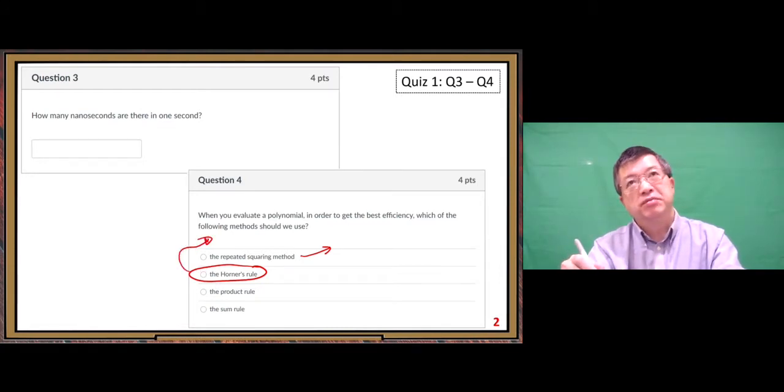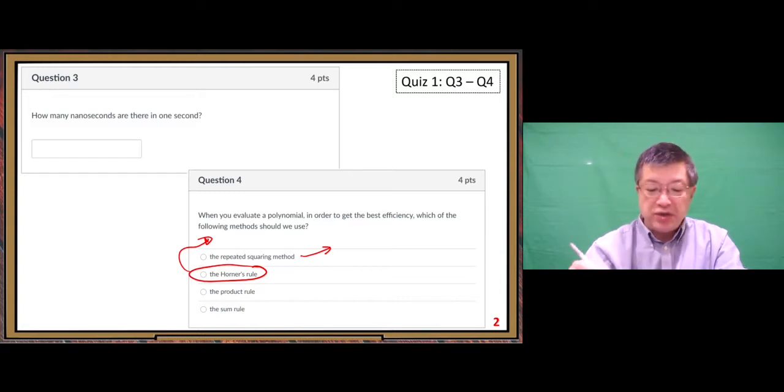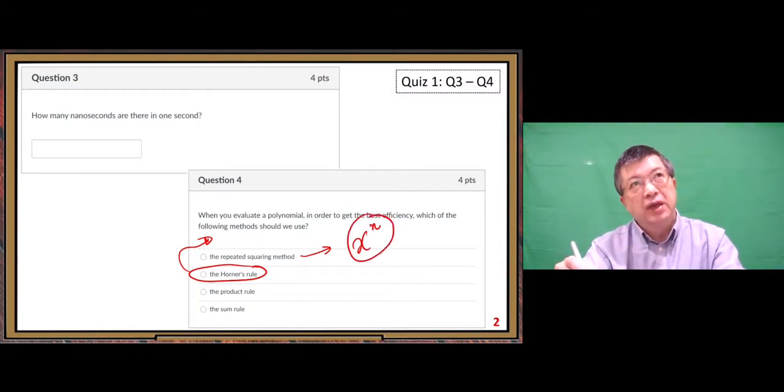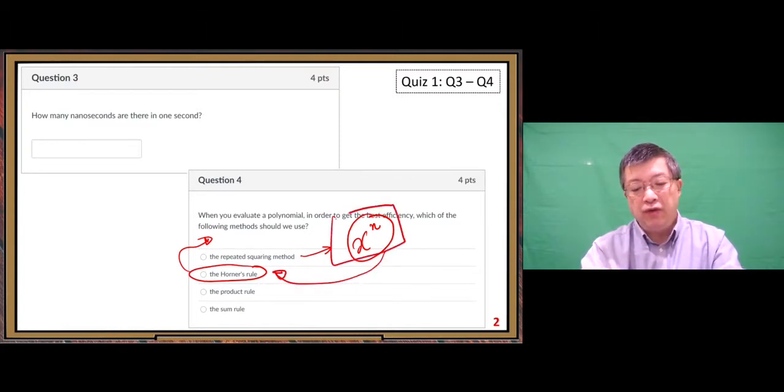The special cases usually refer to x to the nth power. In that case, we can use repeated squaring, which does better than Horner's rule. But that's mainly for this type, not the general type.